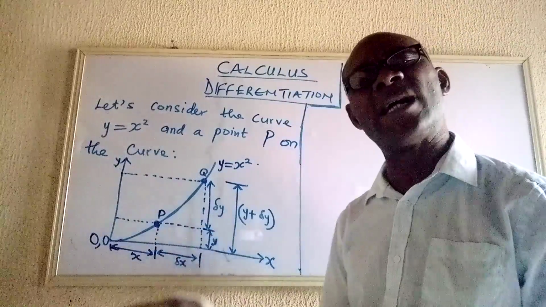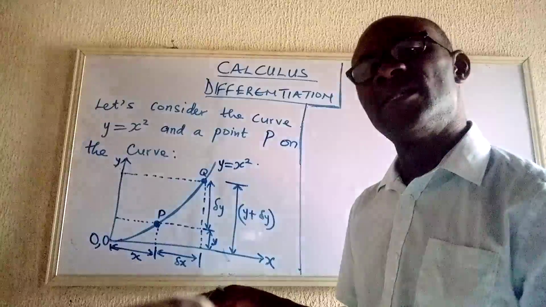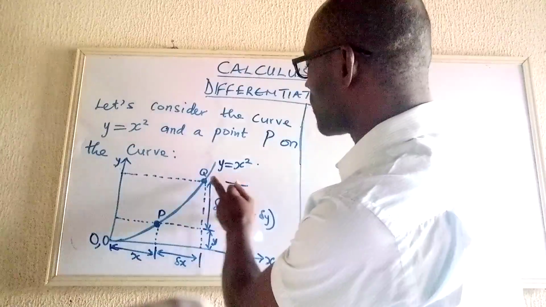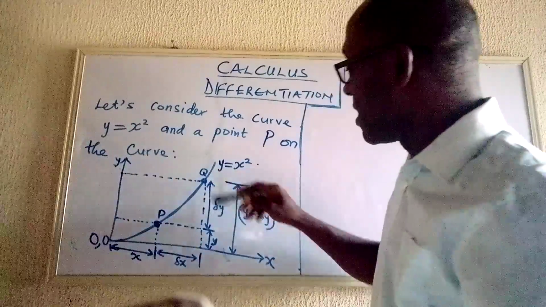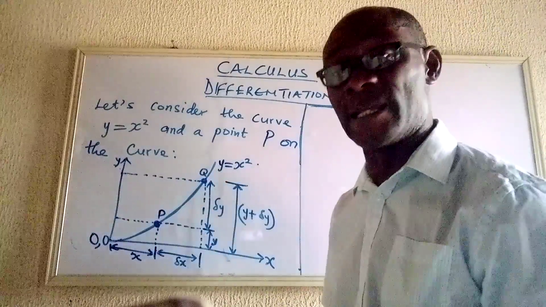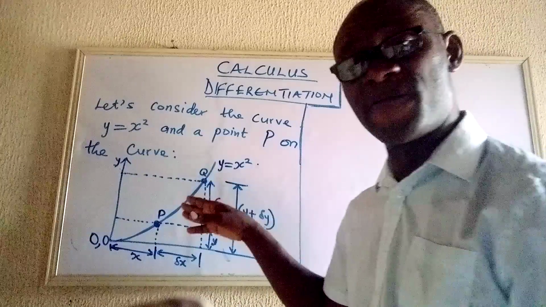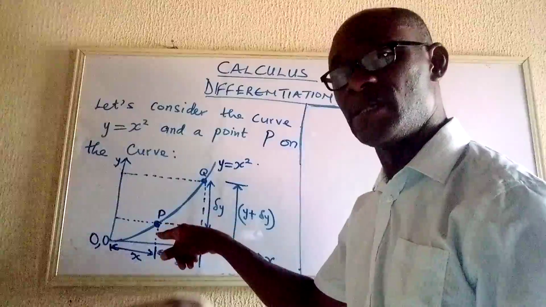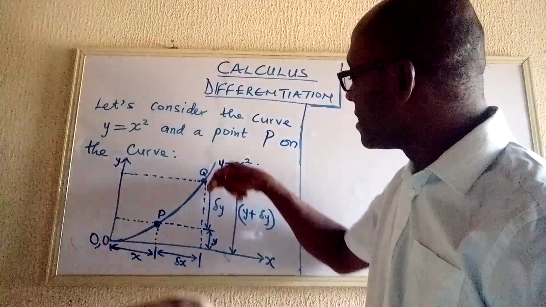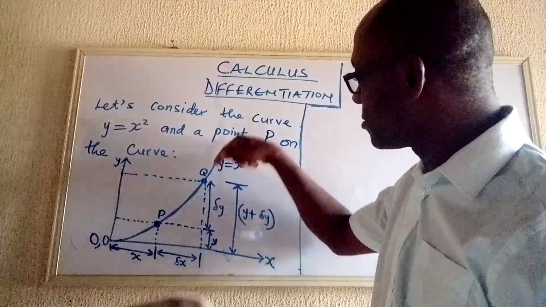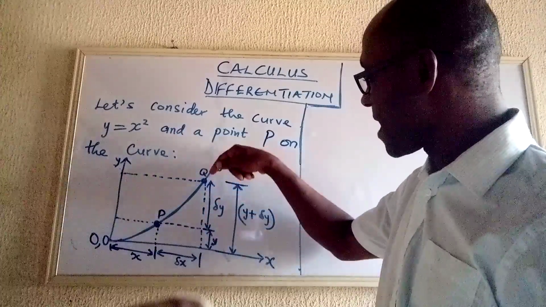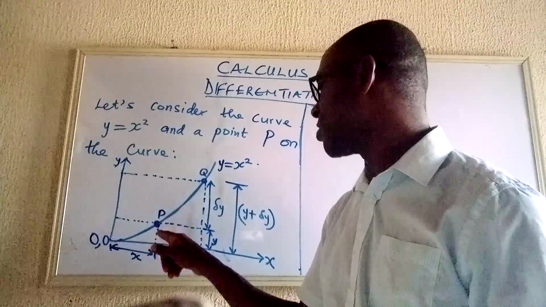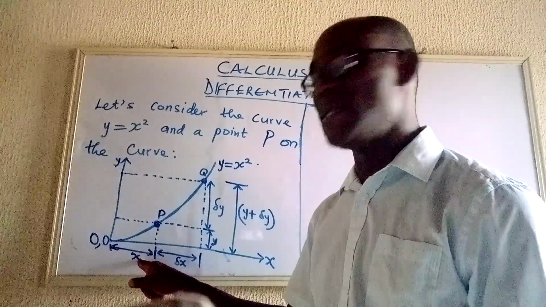Now, let us assume that there is another neighboring point Q, which is here. Point Q also will have its own coordinate, but it is obvious that point Q is higher up in position than point P. That means the value on the x-axis for the point Q cannot be x again.